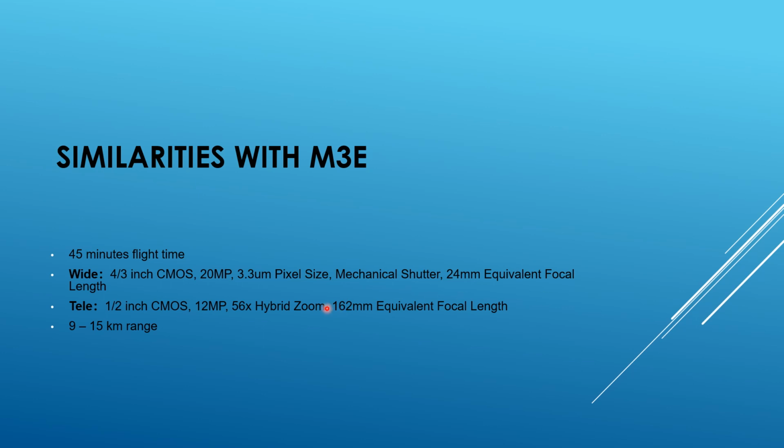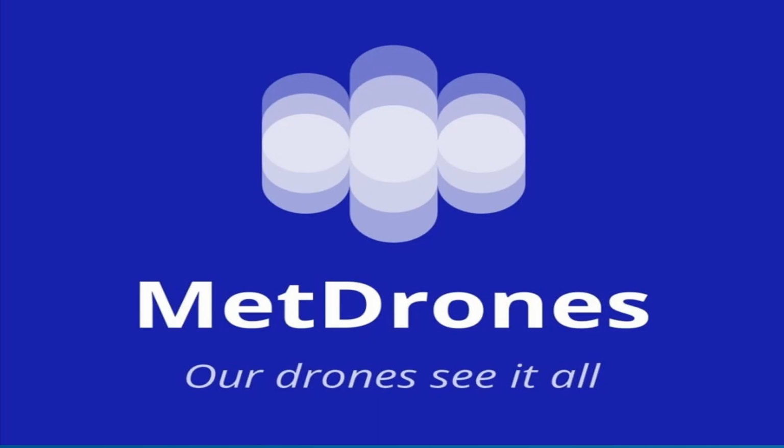The specs for the cameras, the wide and the tele, are still the same. 20 megapixels for the wide at 3.3 micrometers pixel size and a 24 millimeter focal length, and then 12 megapixels for the tele with a 162 millimeter focal length. The range is also still the same, between 9 and 15 kilometers, depending on how strong the signal is or how low the interference is.